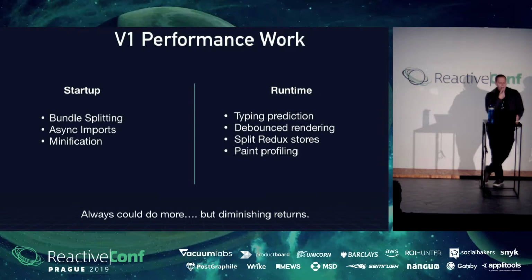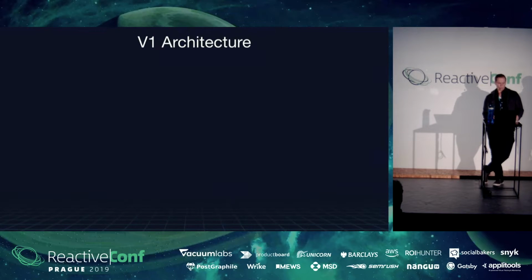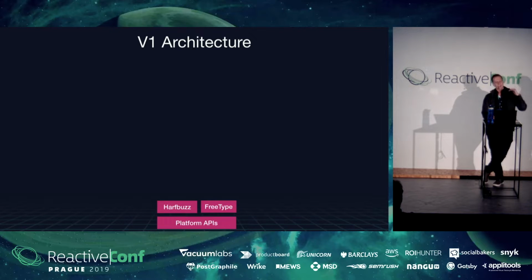And in the back of my mind, I was thinking, why do we even have to battle this? Why can't our desktop app, our technology, just be fast by default? And so I was thinking about our architecture from another perspective, kind of top down. And at the very foundation, we have platform APIs, things like Cocoa, Win32 APIs, OpenGL, and then libraries that are common across platforms, things like harfbuzz and freetype for text rendering.